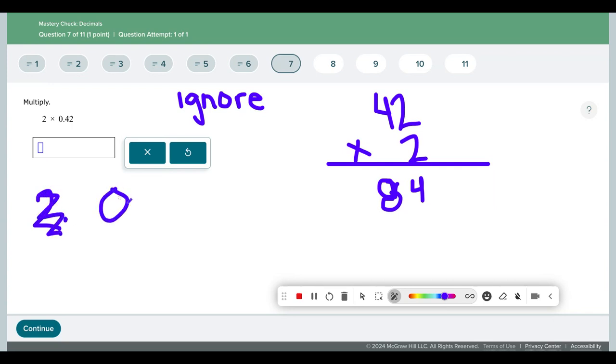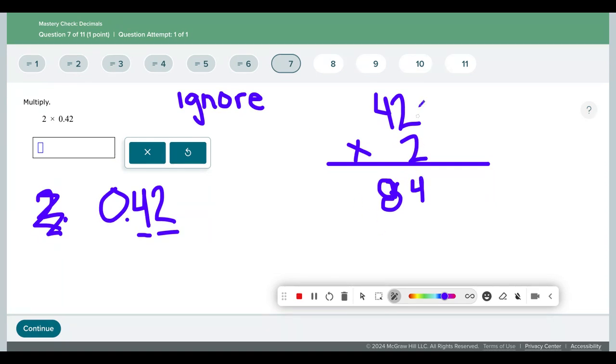And if I look at 42 hundredths, I'm counting how many digits do I have on the decimal place value side. This is my whole number side. This is my decimal place value side. So I have 1, 2 on the decimal place value side. So if I have 2, I need to have 2 in my answer. So I'm making it match however many there are in your problem, how many you have in your answer.